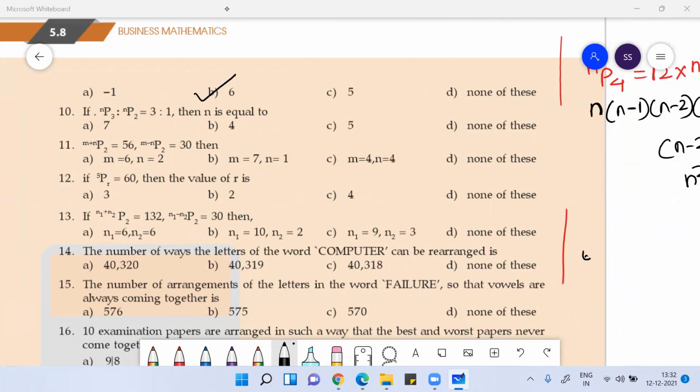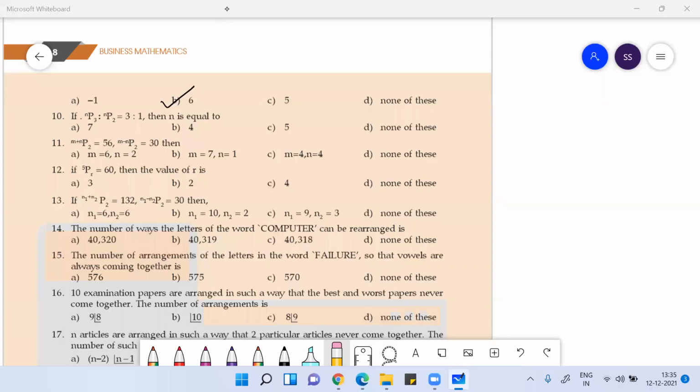10th one, can you try the 10th one? How can we solve it? The 10th one is nP3 divided by nP2 is equal to 3.